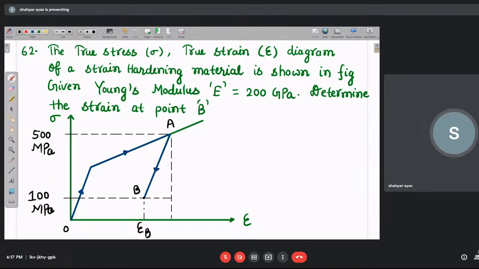Anyone got the answer? Anyone? Did you get the answer, Mukul? Mukul Manpuri, did you get the answer? Tell me.